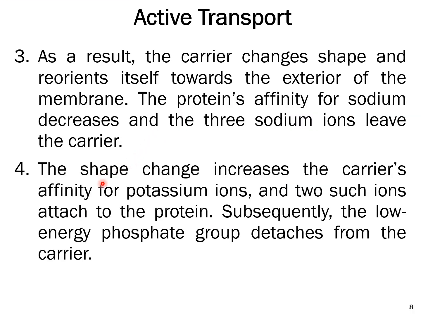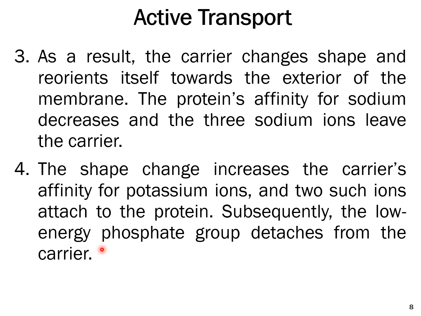The fourth step is the shape change. That shape change increases the carrier's affinity for potassium ions. Now its affinity for potassium ions is increased, and that is why 2 such ions attach to the protein. Because of their bigger size, 3 potassium ions cannot be attached. 2 of them get attached to the sodium potassium pump.